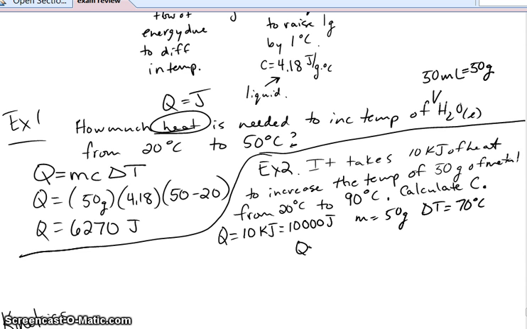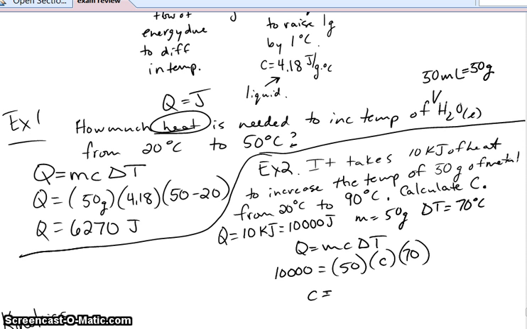Now let's plug it in. Q equals mc delta T. We're looking for C. So we've got 10,000, we've got 50, we've got C, and we've got 70 here. I like to do it this way: 10,000 divided by 50, then divided by 70, and that gives me 2.86.